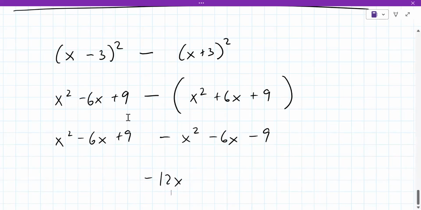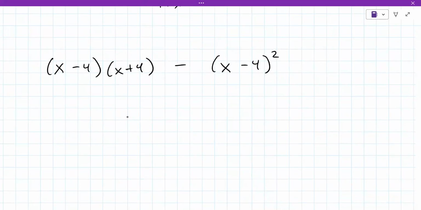Okay, let's try another one here. Let's go x minus 4, x plus 4 minus x minus 4 squared. Give that a try, please.